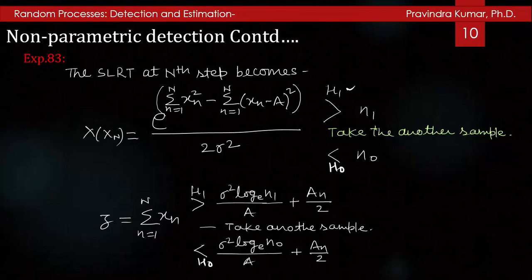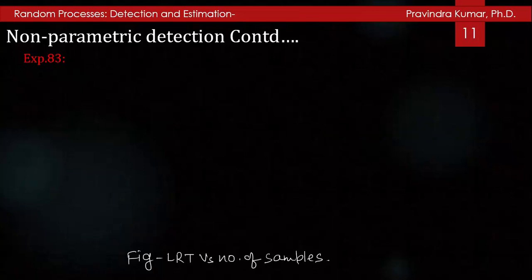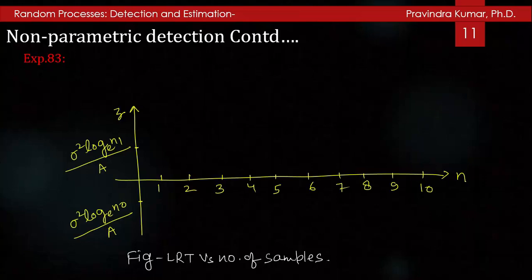If it lies between these, then we take another sample. Here we can see the figure of SLRT versus number of samples, with sigma square log e n1 by A and sigma square log e n0 by A.